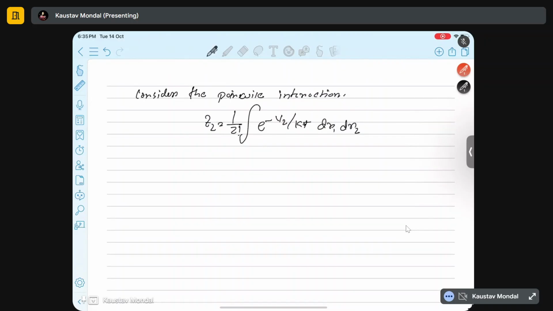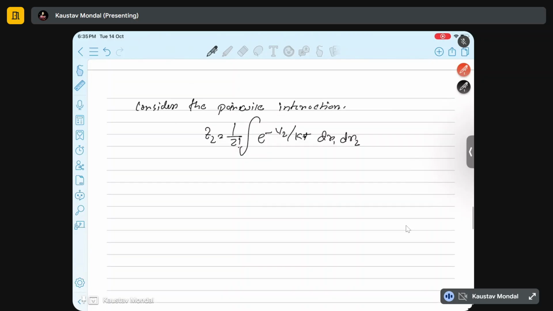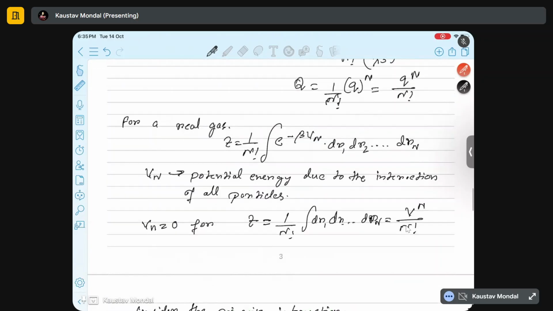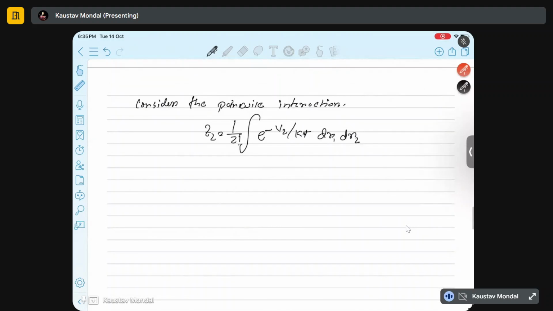Okay, now here, if you know the Z value from here, you can calculate the value of the virial coefficient B. That relation is given by B equal to N_A by V times the integral of f dr1 dr2, where f equals e to the minus V2 by kT minus 1.